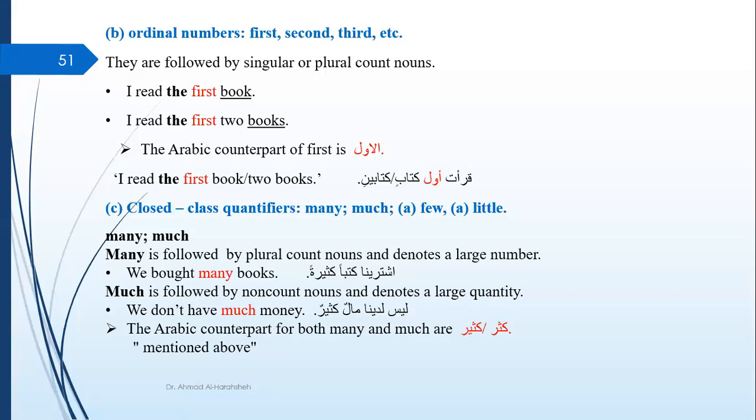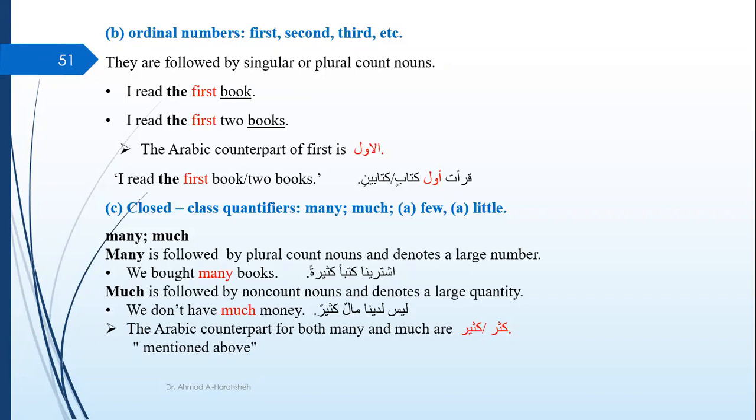Many students, many cars, many books, many houses, many pins. All right? But much is followed by a non-count noun. Much money, much sugar, much salt, much water, and so on.